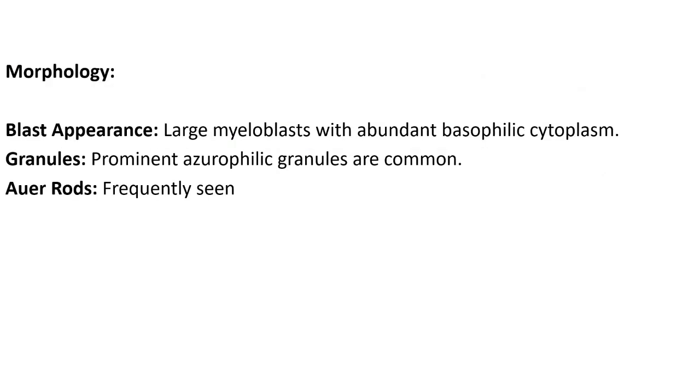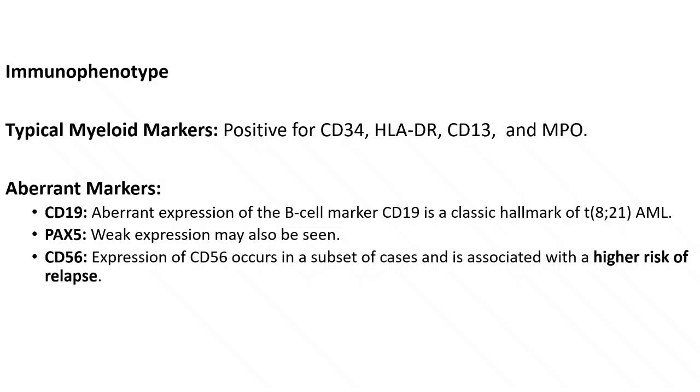Coming to morphology, the cells having translocation 8;21 show large myeloblasts with abundant basophilic cytoplasm, prominent eosinophilic granules, and frequently seen Auer rods. Coming to immunophenotype, the typical myeloid markers are positive for CD34, HLA-DR, CD13 and MPO.